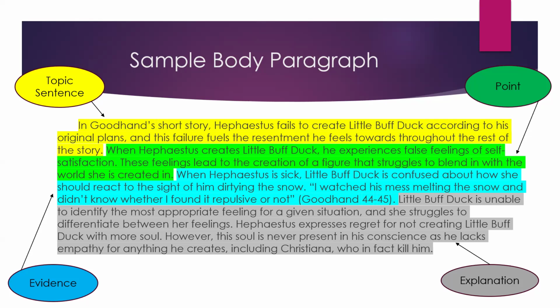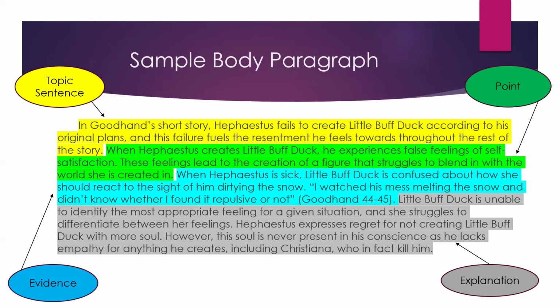Okay, so the first sentence of the explanation, the first sentence in gray, what it does is that it explains the evidence at hand, right? What this evidence is showing is that Little Buff Duck struggles to differentiate between her feelings because she was created by Hephaestus while he was going through false feelings. She also experiences false feelings, right?